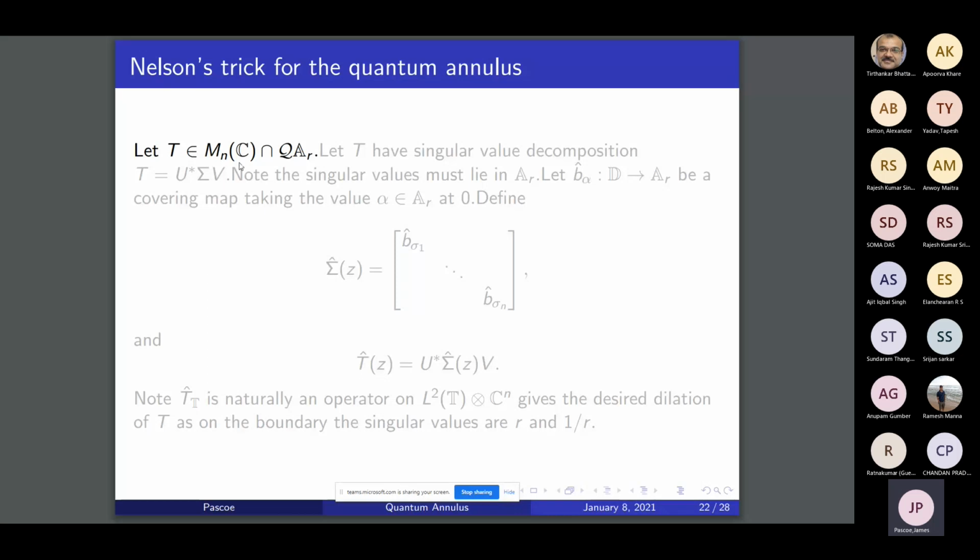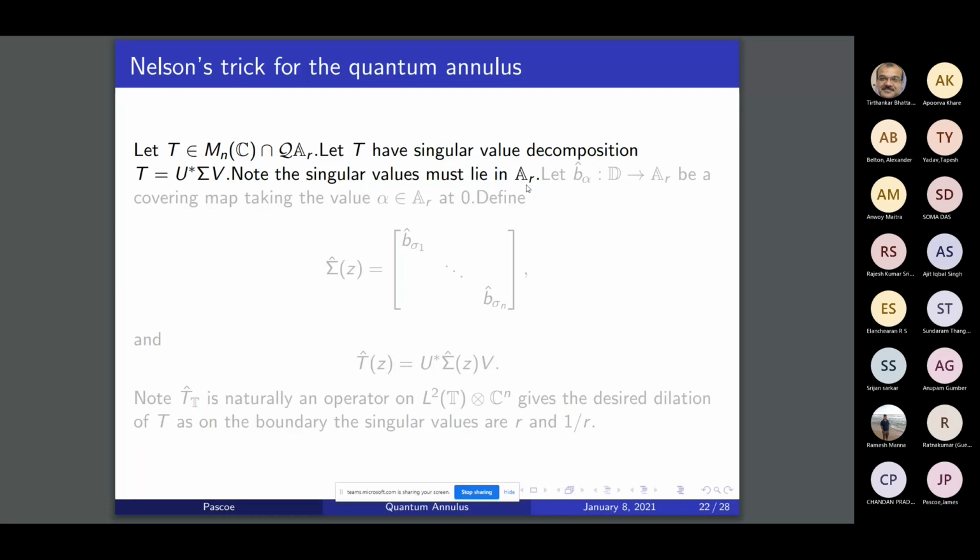If I have T inside of the n by n matrices over C intersect the quantum annulus, and we let T have singular value decomposition as U star sigma V, one can note that the singular values actually have to lie inside of the annulus with radius R. And so then, instead of using those automorphisms of the unit disk, we're going to use covering maps from the disk into the annulus with radius R, which takes the value alpha at 0.